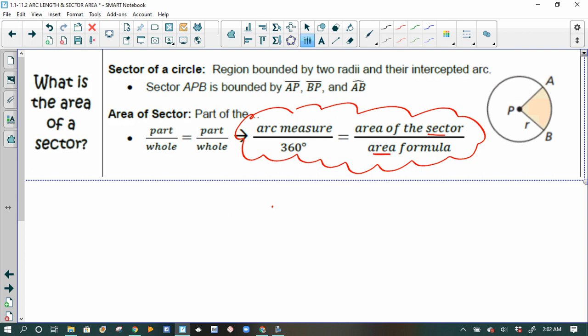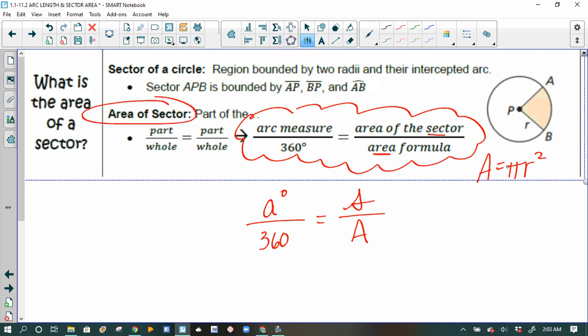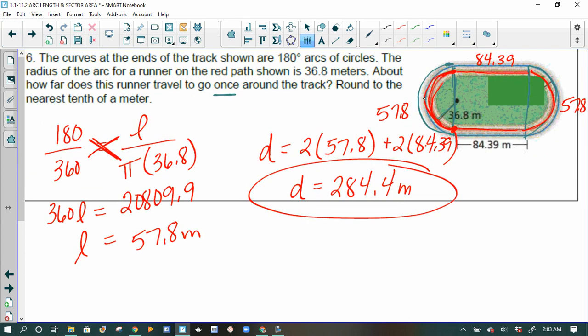So I label it like this: area or arc measure in degrees over 360 is the sector over the area. And remember, area is pi r squared. So if they're asking you for the area of a sector, make sure you're using the area formula. If they're asking for arc length, make sure you're using circumference.